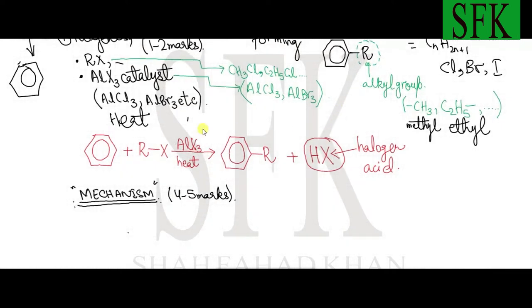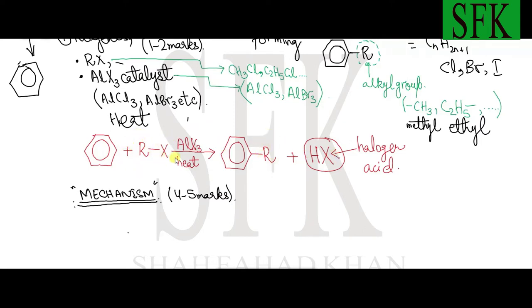The overall equation, the general equation of Friedel-Crafts alkylation, is over here, represented in red. A benzene ring reacts with an alkyl halide, RX, which is any of the alkyl halides, in the presence of AlX3 catalyst and heat. We get a monosubstituted benzene ring with R, the alkyl group, attached as a substituent.